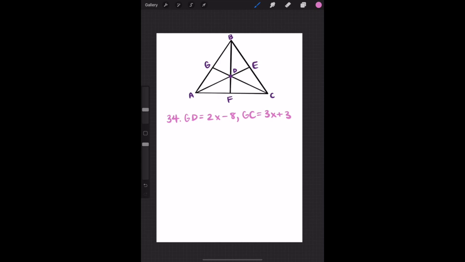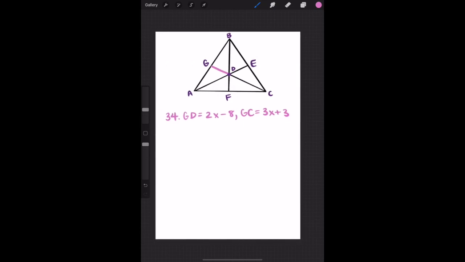This time GD is less than half of GC, so it's not going to be 2/3, this time it's 1/3 of GC. So GD equals 1/3 of GC, and then substitute in your equations. So 2x minus 8 is equal to 1/3 of 3x plus 3.